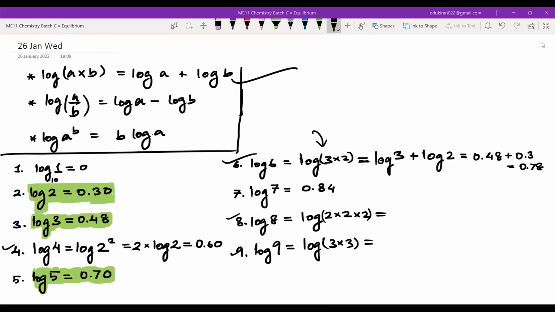Okay, Sarah, you tell me for log 8, na? What will be the value? Sarah? 0.90. Okay, so that means 3 into, yeah, correct. So you would have written this as log of 2 cube. This is equal to 3 times log of 2, and log of 2 is equal to 0.3.